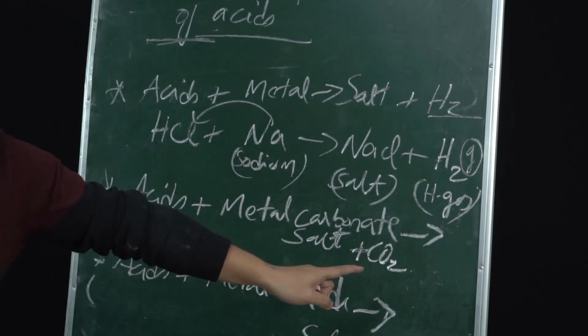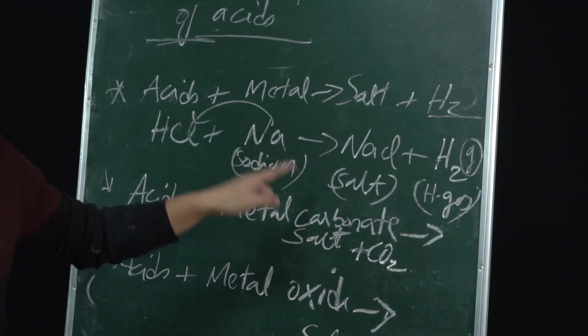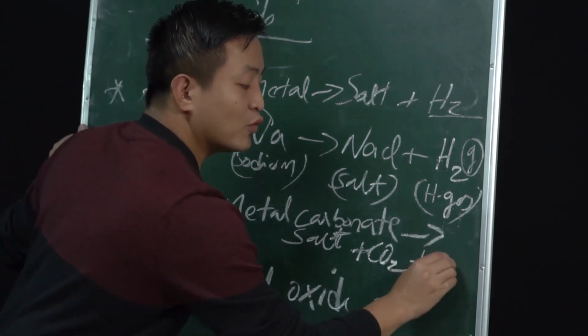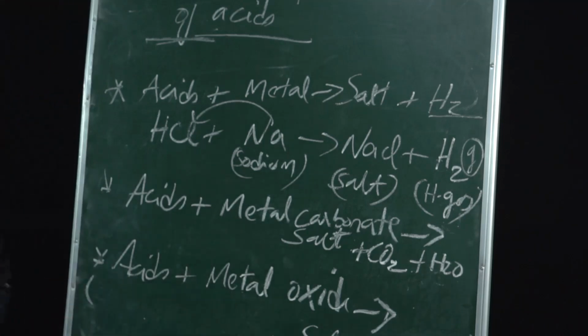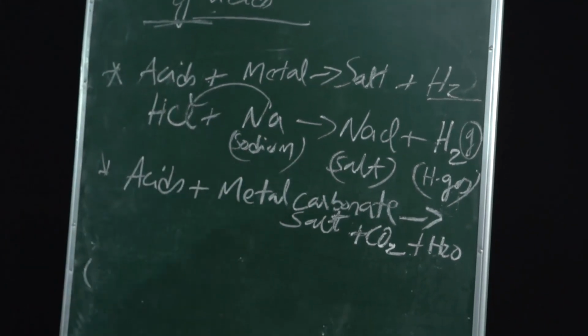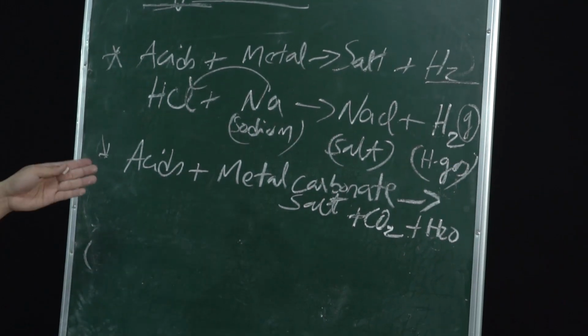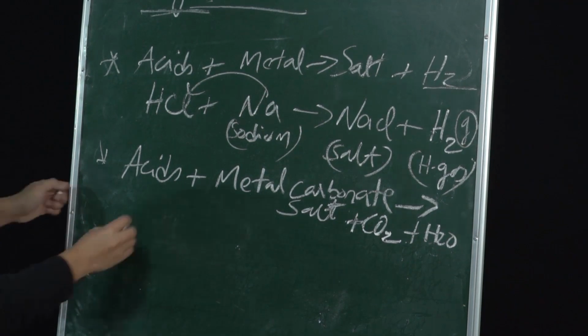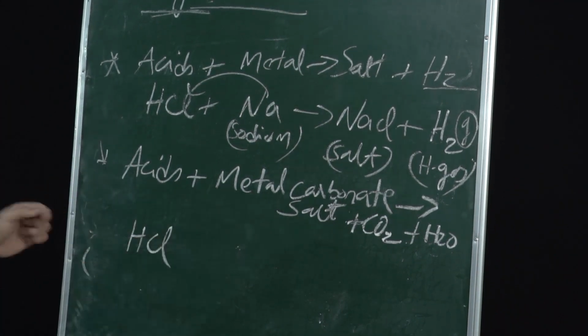Why did I say carbon dioxide here? Because we have carbonate. Since we have carbonate, we will get carbon dioxide and we'll get water. So let's see this one. I'll write below here. So acids, let's use the same one just to make it more simple. Acids, let's use HCl.